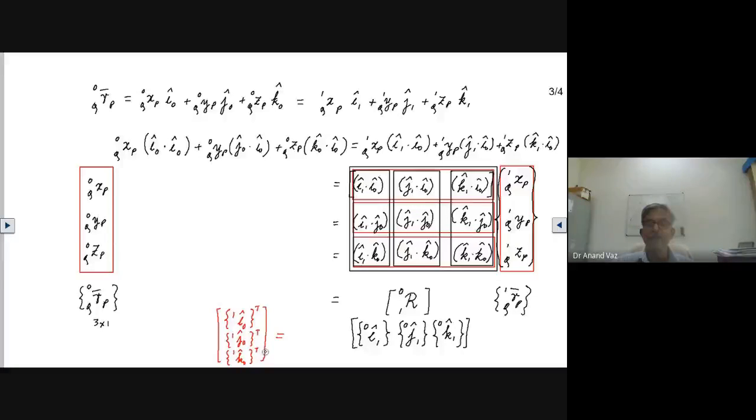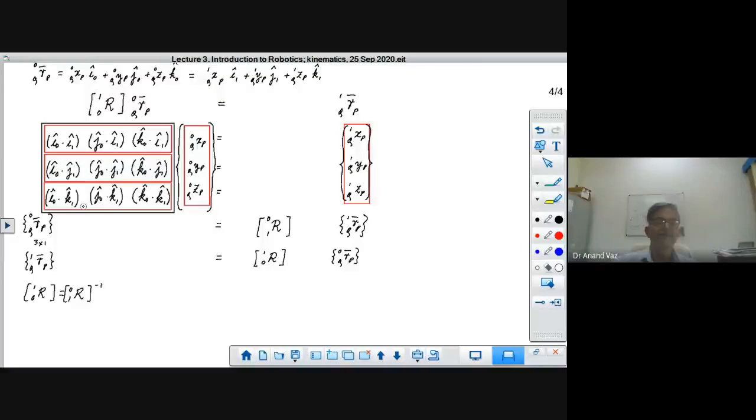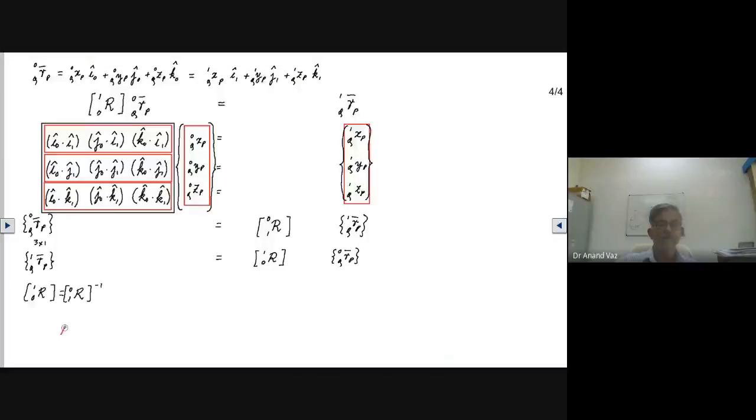Okay. Now, when you see the other side, when you see over here, you find that now the unit vector I naught is being resolved along the directions of the frame 1. So this can be written as I naught resolved along directions of frame 1. This is our first column.